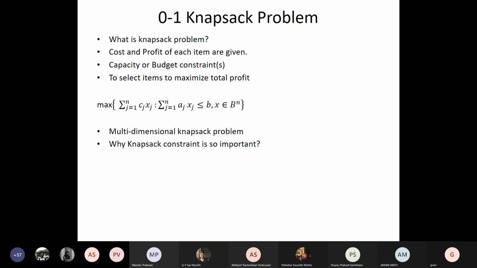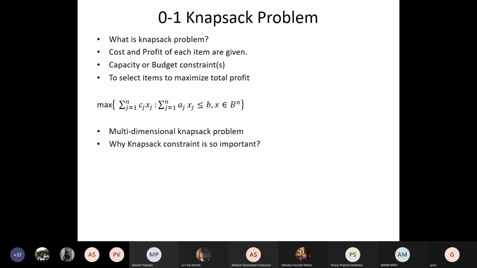Of course, he will target first the precious items, expensive items, isn't it? Why is he targeting expensive items first? Because he wants to maximize the return, isn't it?